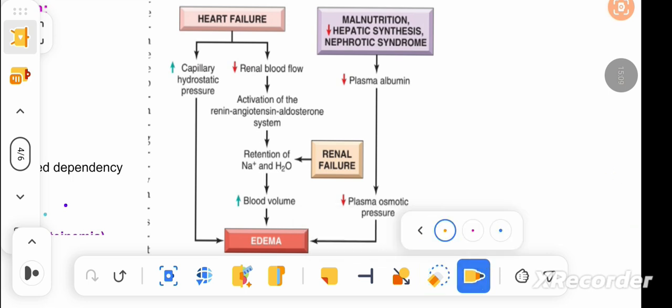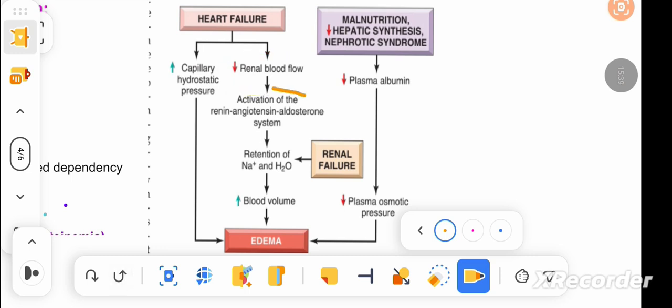If the blood supplied to the kidney is reduced, the kidney will activate the renin-angiotensin-aldosterone system. This system is a compensatory system which tries to increase the blood volume in response to this reduced renal blood flow.